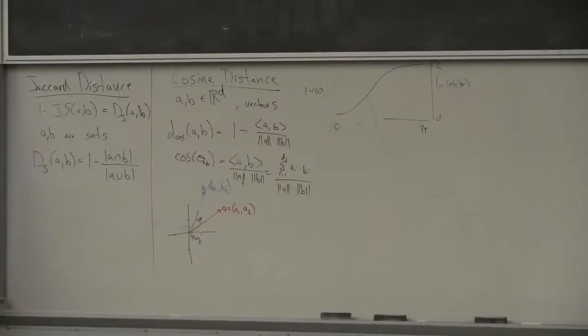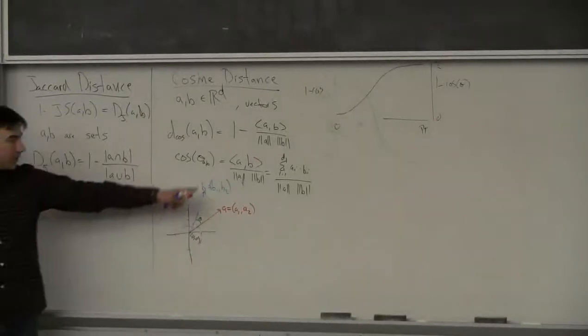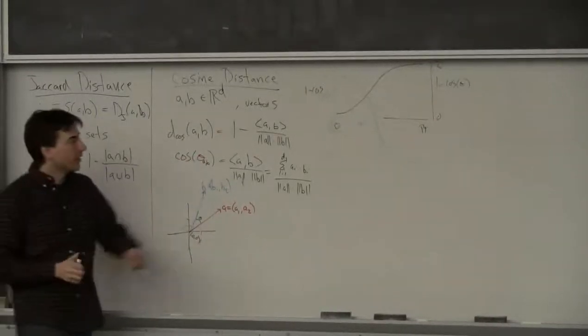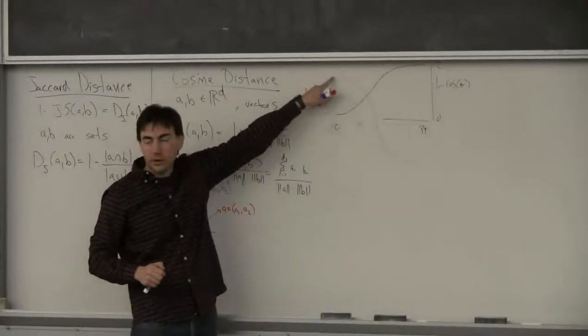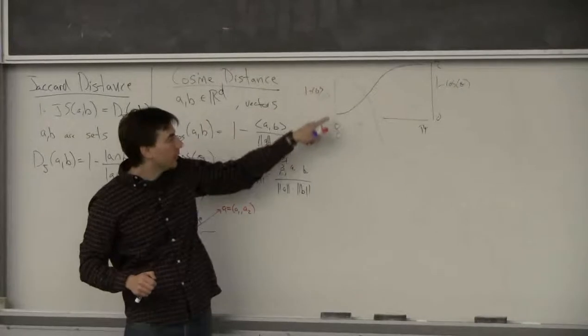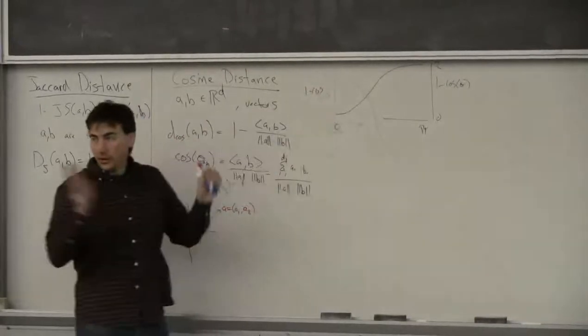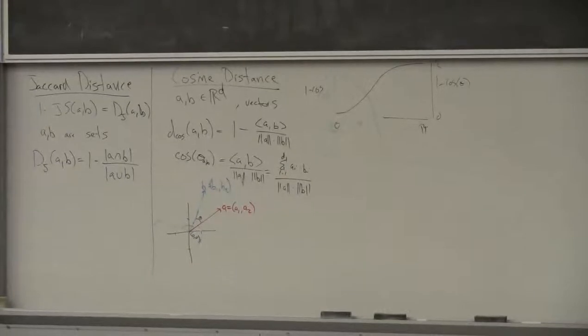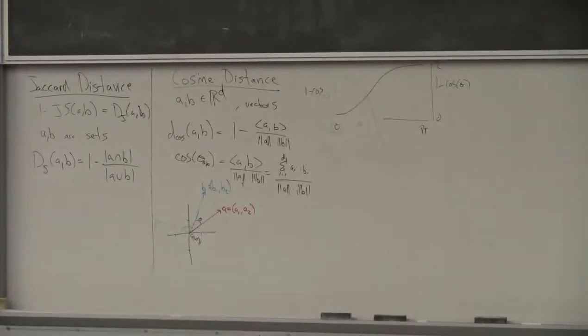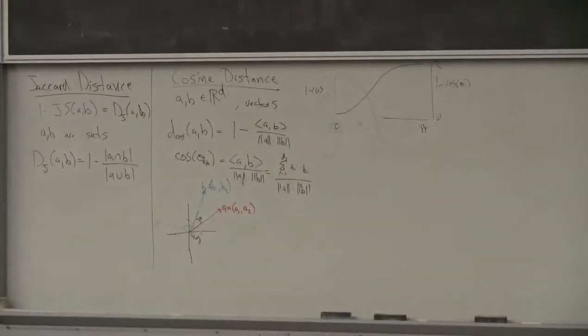If A and B are the same, the distance is going to be 0, right? It's 1 minus the cosine, the angle is 0, cosine of the angle is 1, 1 minus 1 is 0. All that's going to be fine. But the only if part is violated. A and B may be different, but the cosine distance will be 0.